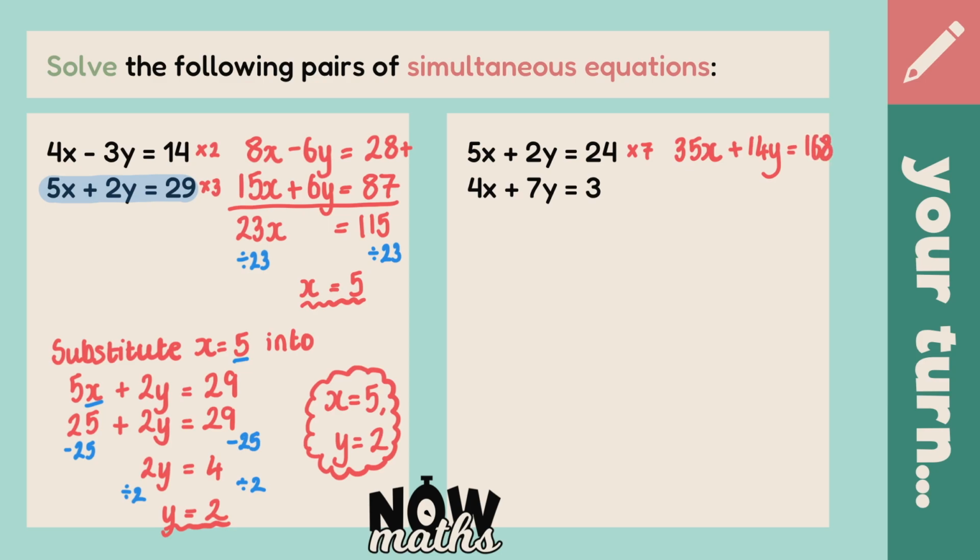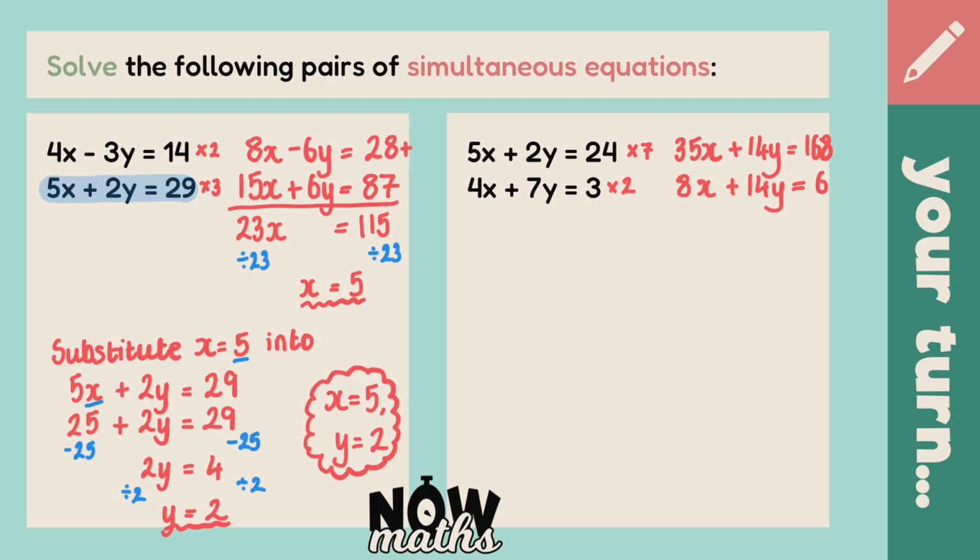Then looking at the second equation, if we want to make 7y into 14y, we're going to have to multiply by 2. So 4x multiplied by 2 is 8x. Then 7y multiplied by 2 is 14y. And 3 multiplied by 2 is 6.